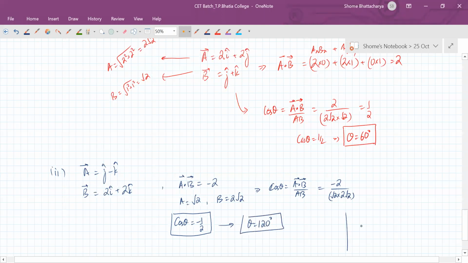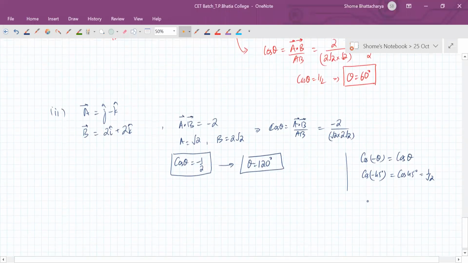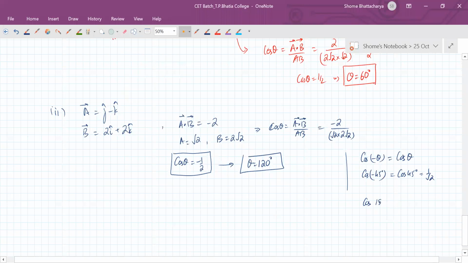Okay. Just to make it clear, cos of minus theta is cos theta, it's not minus cos theta. So for example, cos of minus 45 is not minus 1 by root 2, it is cos 45 only, which is 1 by root 2. On the other hand, cos of 180 minus theta is minus cos theta.